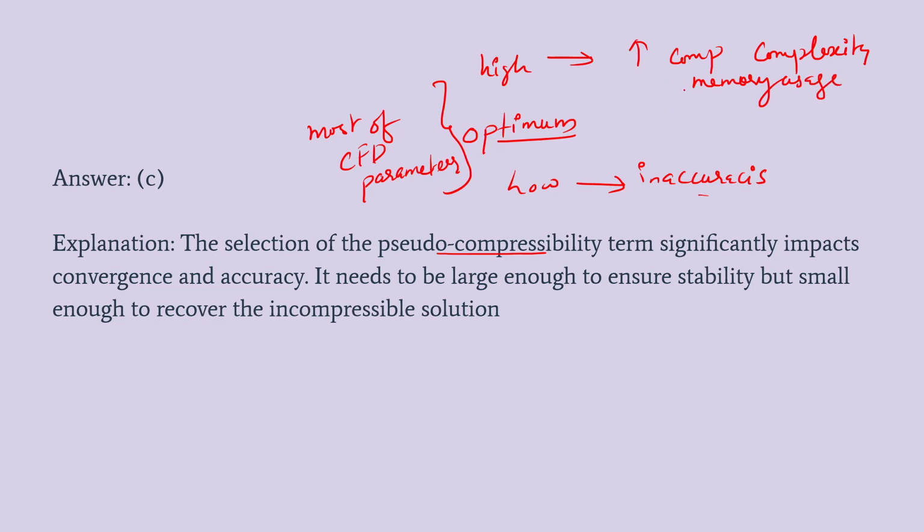So what we have to choose is mostly the optimum value. This will be true for most of the cases, but there are instances that we will look at later where we have to go for high or low values. That's case to case, but as a rule of thumb, you can generally consider such an option later. First, try to check the other options when you have such a question.